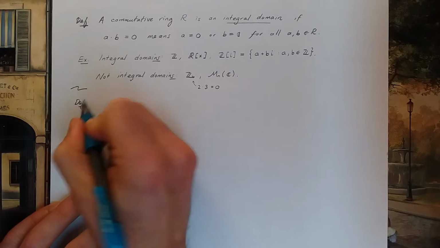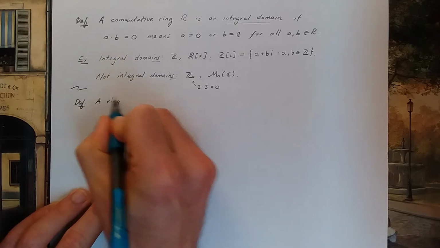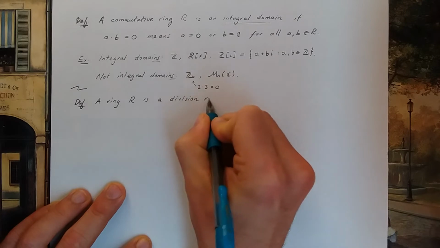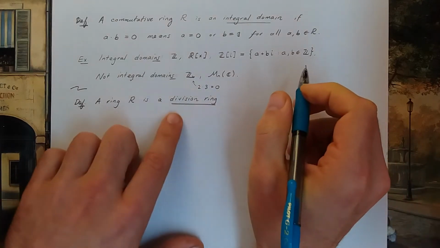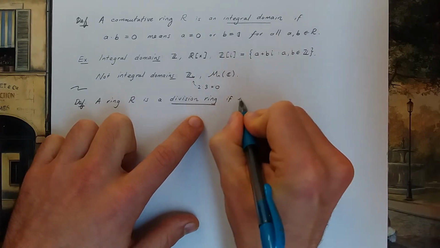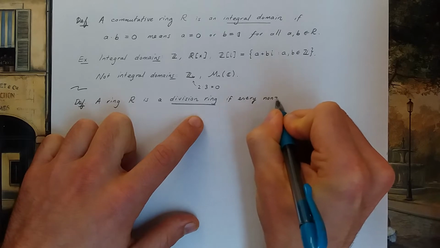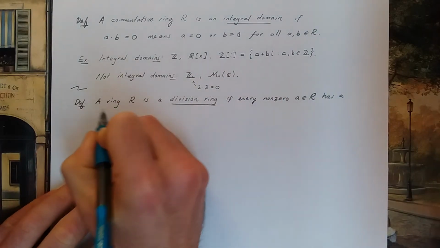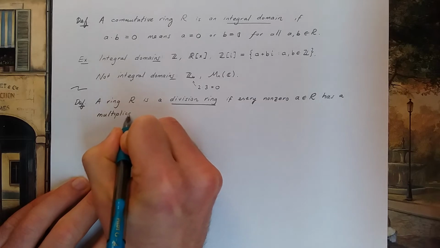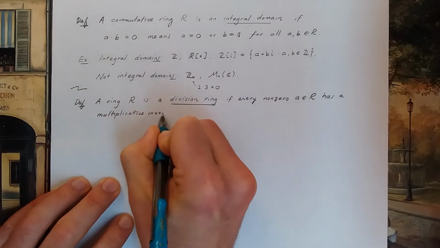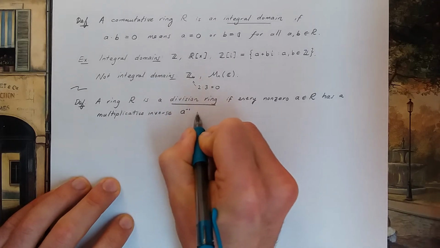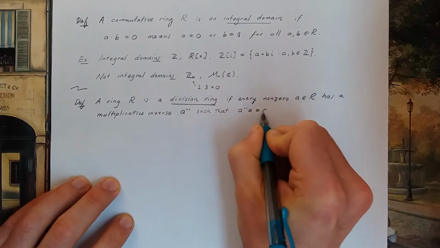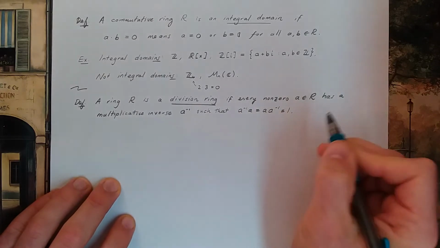The next definition: a ring R is a division ring if every non-zero a in the ring has a multiplicative inverse, a inverse, such that a inverse a is 1, the multiplicative identity.